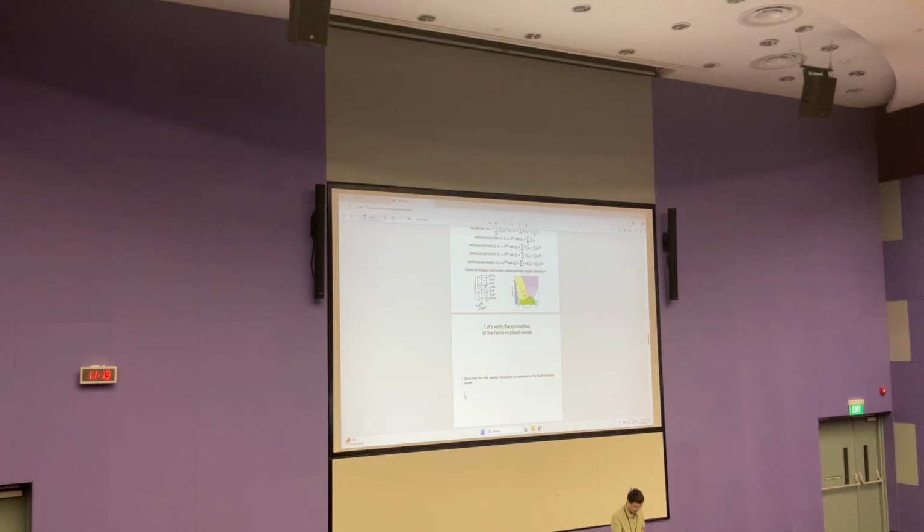First, let me claim. In fact, let's consider a generic unitary operator. Let me write it in this form: exponential of i theta.